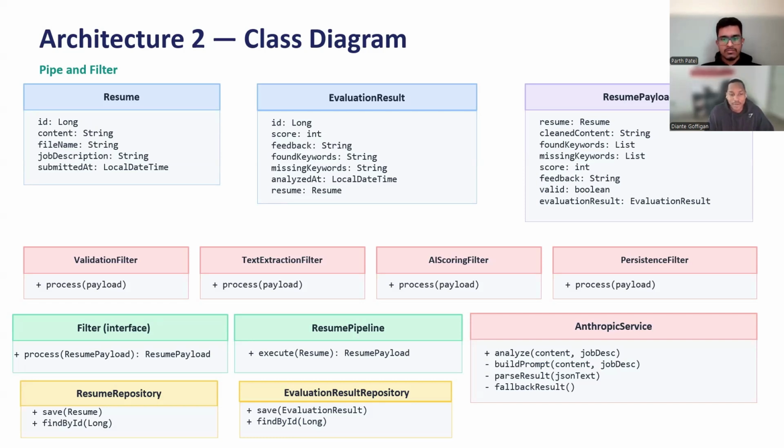Resume payload carries all the data: the clean context, keyword score, feedback, and the final evaluation result. The four filter classes each implement Filter with their own process method. Anthropic service sits at the bottom right, as you can see, identical in both architectures, handling all the Claude API communication.